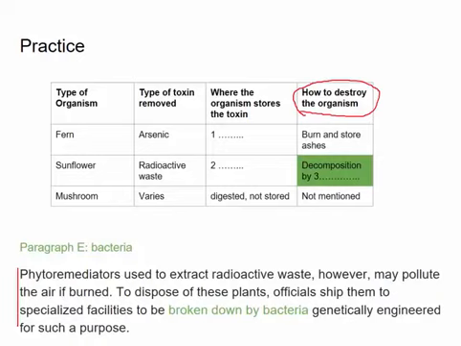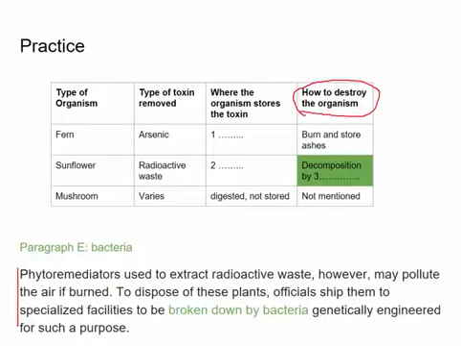Officials ship them to specialized facilities to be broken down by bacteria. To be broken down is a paraphrase of the idea of decompose, okay, decomposition. And so the word we need to fill in to get this answer correct is bacteria.